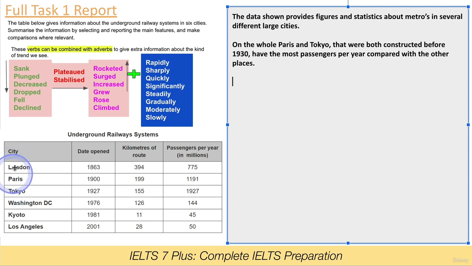So let's group these together. They have the most passengers.